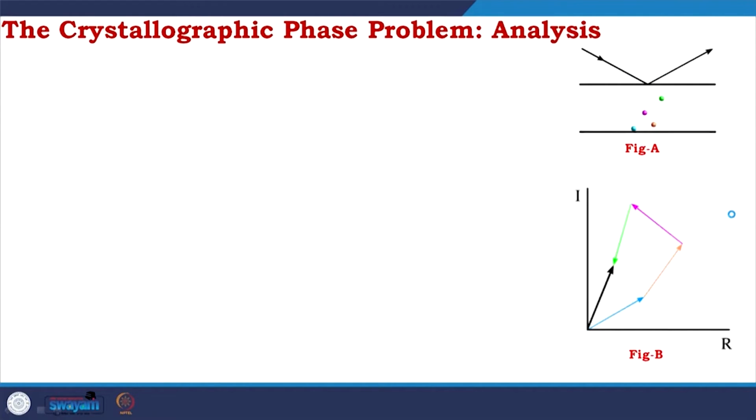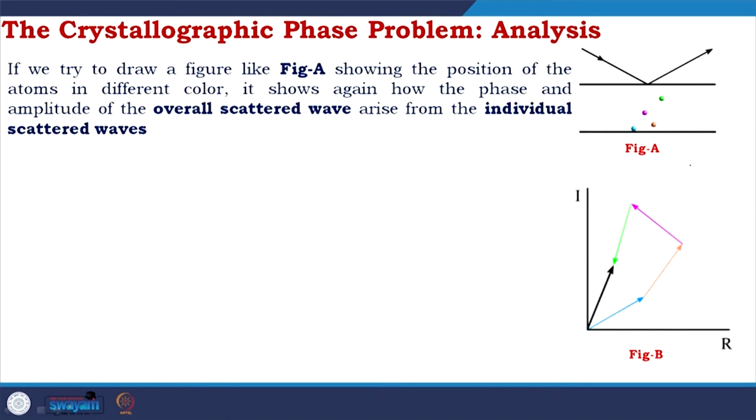If you see figure A, there are 4 atoms and 2 Bragg planes. Now, we try to draw a figure like figure A showing the position of the atoms in different colors. So, 4 colors show 4 different atoms. It shows again how the phase and amplitude of the overall scattered wave arise from the individual scattered waves.